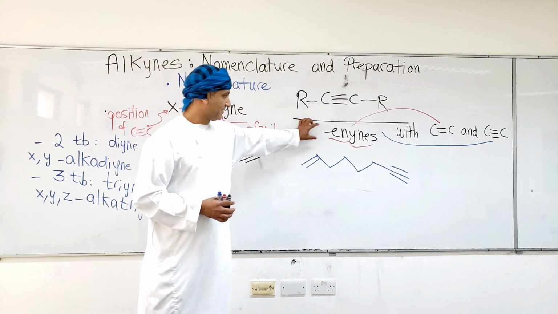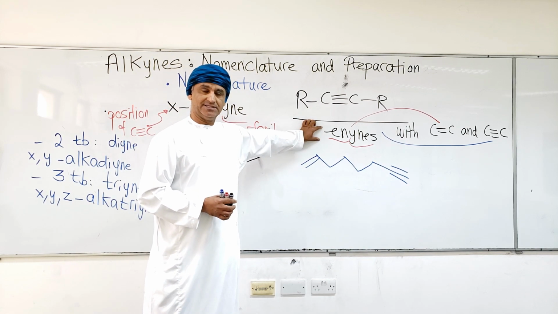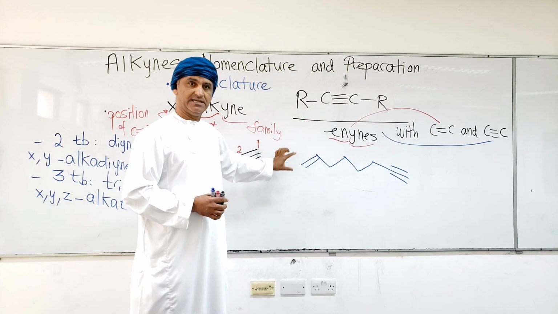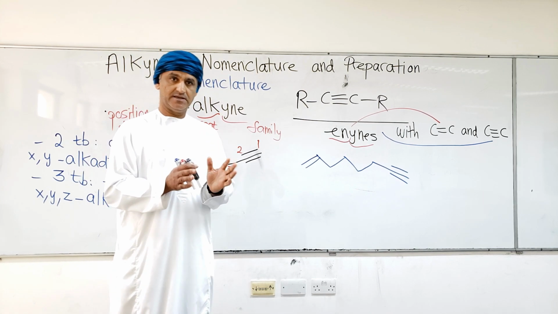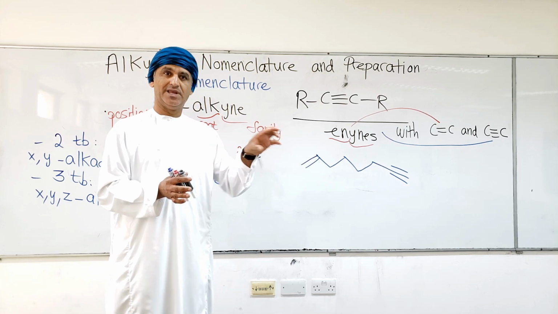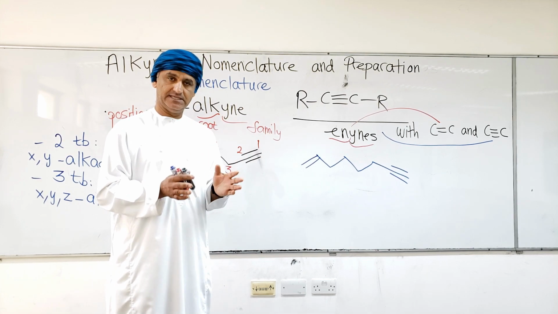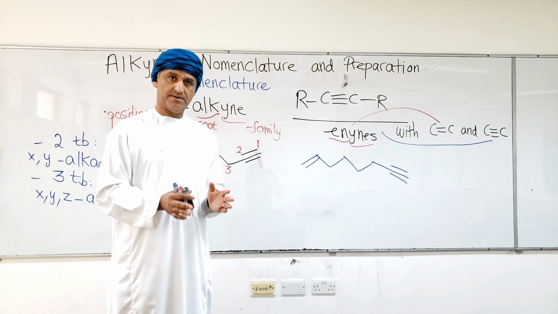But since ene gets higher priority than yne, then the alkene here will get a higher priority. In other words, if numbering from either end gives equal numbers, then alkenes get higher priority in the ene-yne numbering.